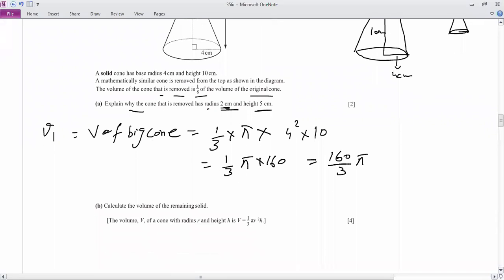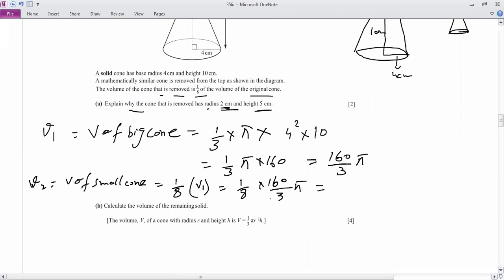Now, what will be the volume of the small cone? V2, if I will say. The volume of small cone, which is given, is 1 over 8 of the big cone, of V1. So 1 over 8 times 160 over 3 pi.